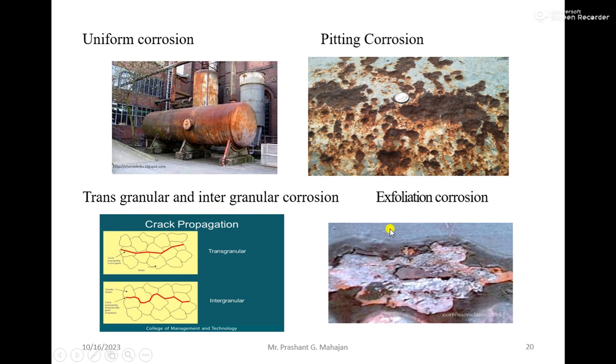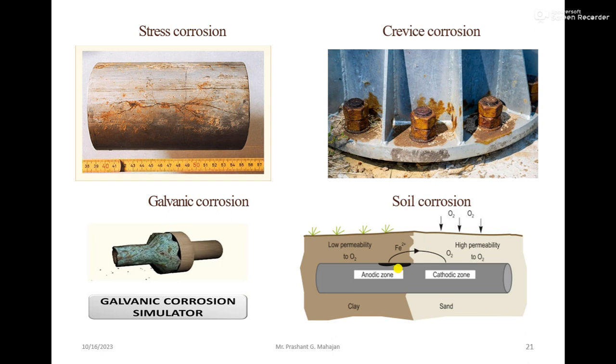Then exfoliation means layers of the metal are removed. Next is stress corrosion, that is, a stressed part and an unstressed part. The stressed part will act as anode and the unstressed part will act as cathode, so the stressed part will get corroded.